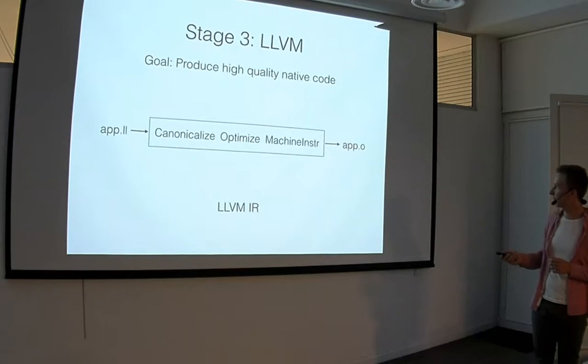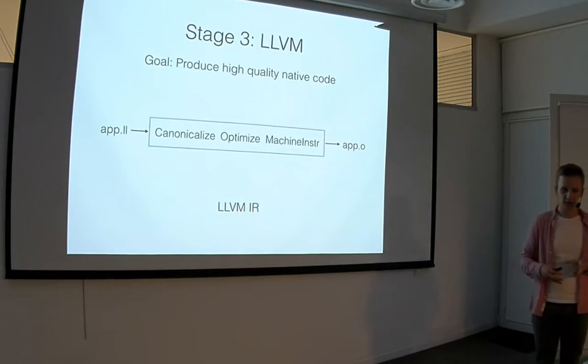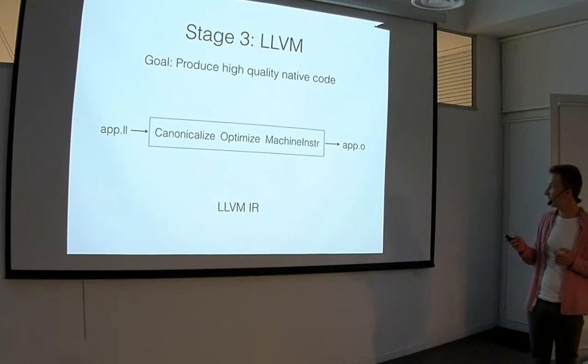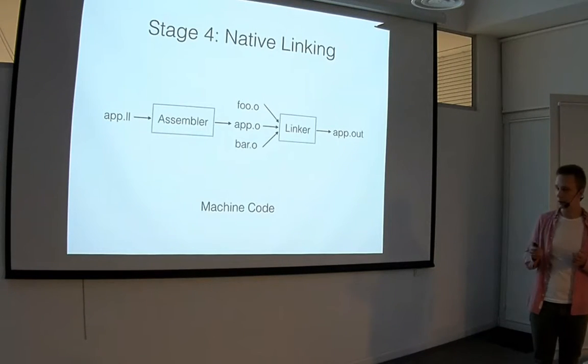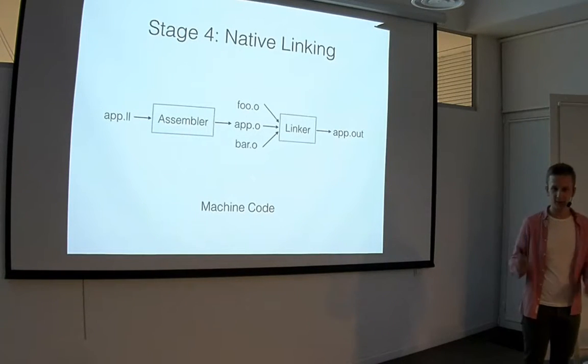And speaking in terms of representations, I was trying to highlight what's going on. So basically, this one operates on LLVM IR. So we've had typed AST, NIR, and now LLVM IR. And lastly, LLVM basically produces assembly code, in a simplified way.